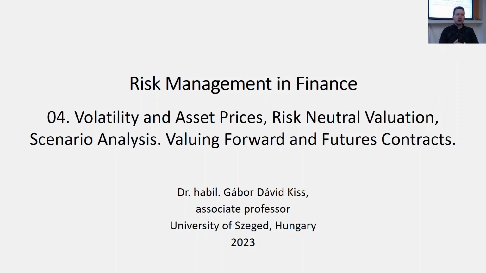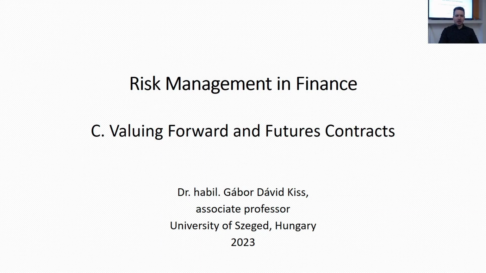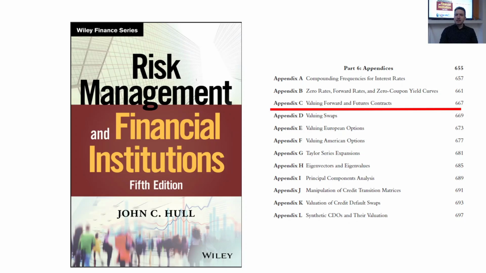It's time to go on, because now we were able to arrive at the C part of the appendix. So we will start to deal with forward and futures contracts valuation, and after that we will check what is inside the next chapter, because right now this seems to be a more appropriate ordering.